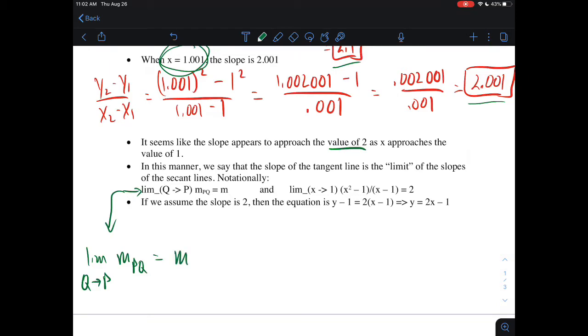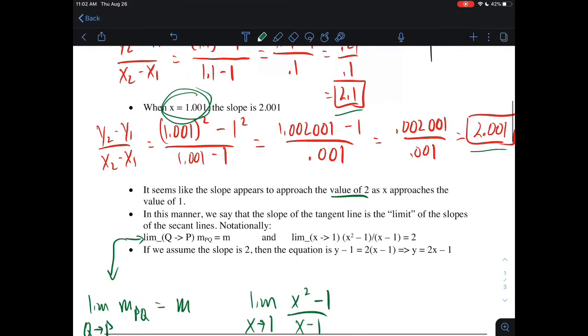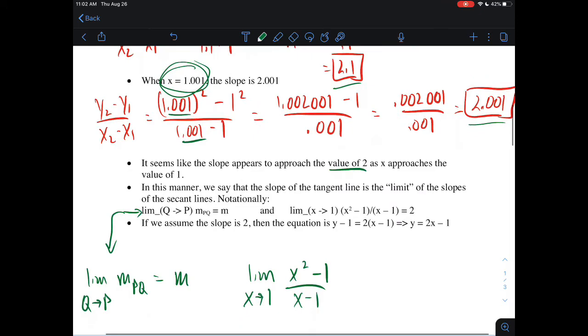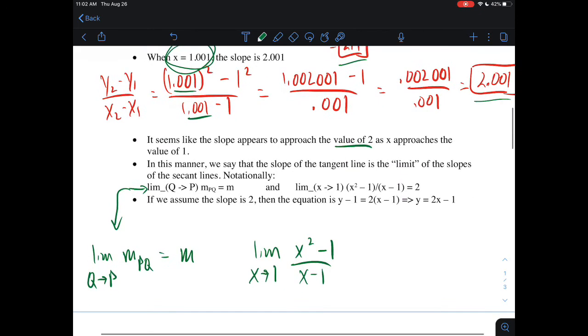And then also using our function, limit as x approaches 1 of the formula for slope, which is x squared minus 1 divided by x minus 1, because that's all we were doing this whole time, was just taking a value of x and squaring it and then subtracting 1, and then in the denominator subtracting x minus 1. That is approaching 2.